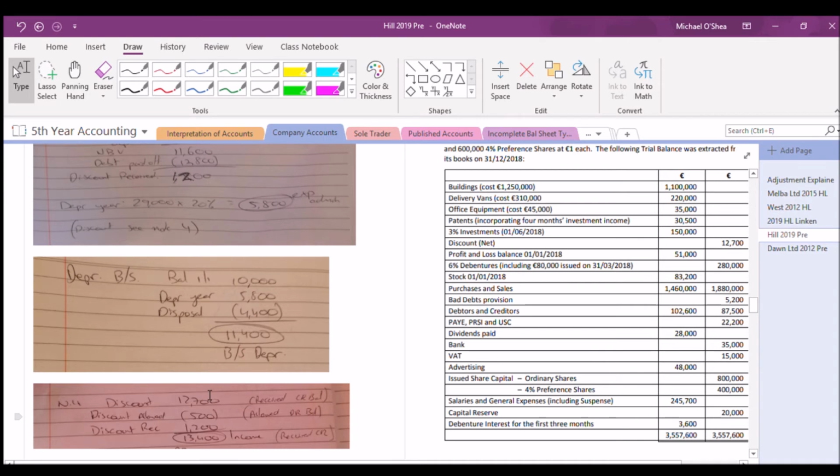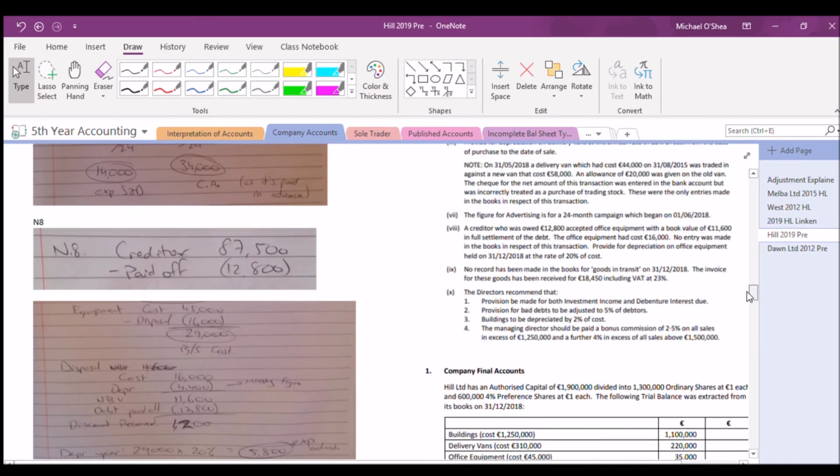If you wanted to show it in a T account, it would be on the credit side. Note number 4 had us reducing that because we had a discount allowed of 500, and this again would be a credit entry because it's more discount received, so we'd add it of 1,200. Give us a final discount figure of 13,400, and that is an income. It's an operating income figure that we put into the profit and loss.